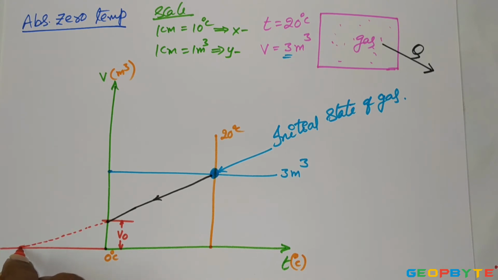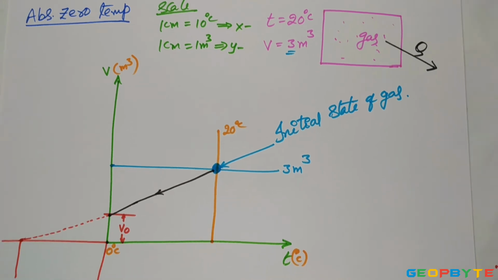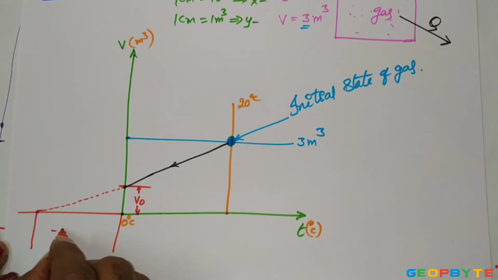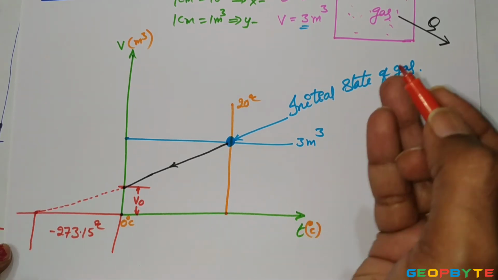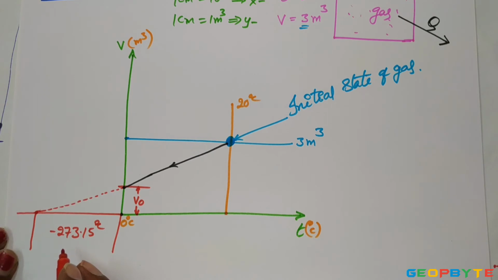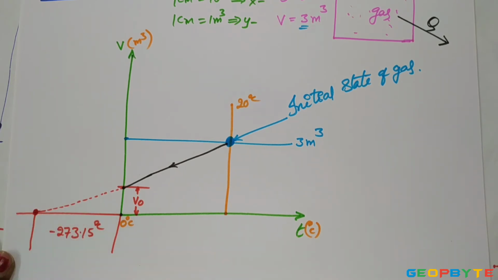At a particular temperature of minus 273.15 degrees centigrade, the molecules present in the gas are unable to move from one location to another location.